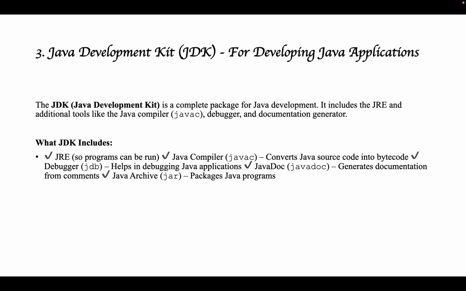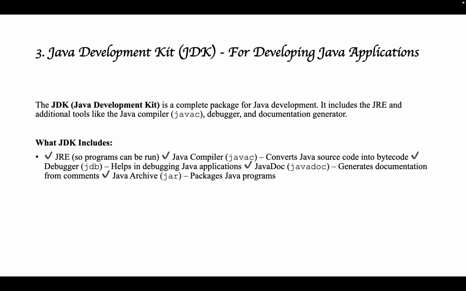Java archive is also very important. A Java archive, a JAR file, is a package which includes Java class files, metadata, and resources like images, configuration files, and libraries. They are combined into a single file, and that is called a Java archive. Why is this needed?